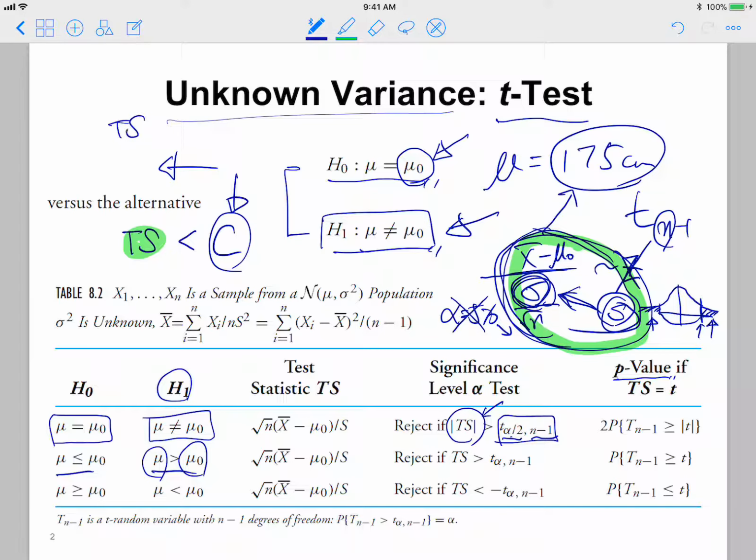But if the test statistic is sufficiently larger than this threshold value, that's when we reject the null hypothesis, right? The corresponding p-value, in the case of the t distribution, is this part if we observed this value.